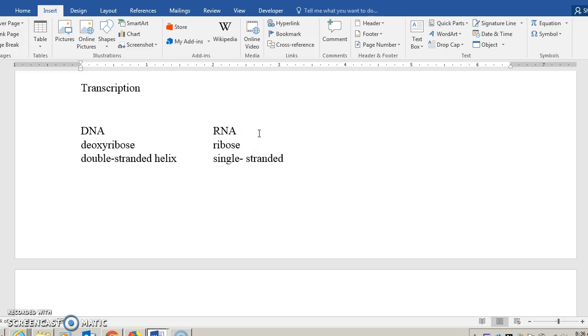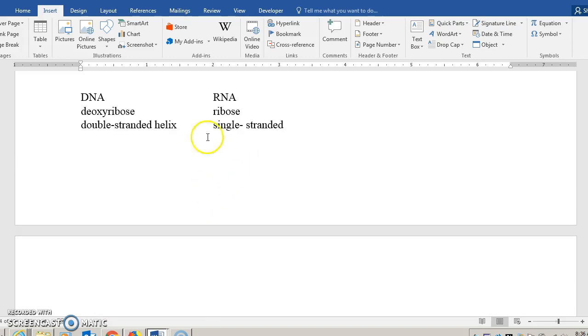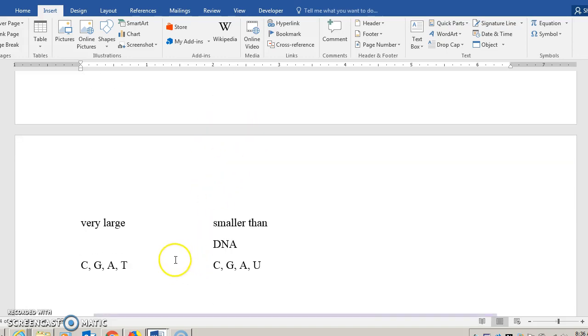RNA we generally think of as being single-stranded, but it can be double-stranded. If you study viruses, there are ways of classifying viruses, whether they're DNA viruses or RNA viruses, and if they're RNA viruses, whether it's single-stranded or double-stranded RNA. Same with the DNA viruses. But for our purposes, we'll think of it as single-stranded.